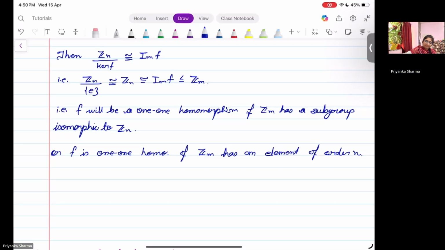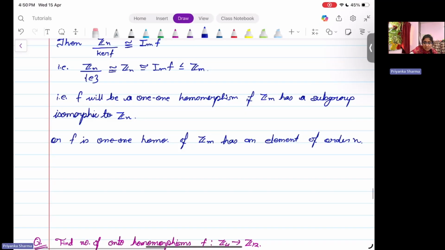Okay. So what does it mean? Zm has an element of order n. Zm can't have an element of order which is not a divisor of m, right? So this statement that Zm has an element of order n implies that n is a divisor of m.